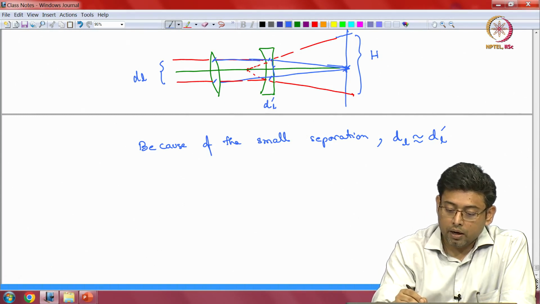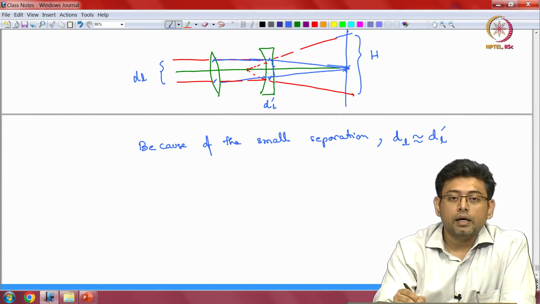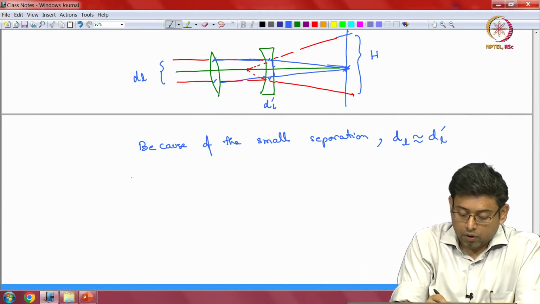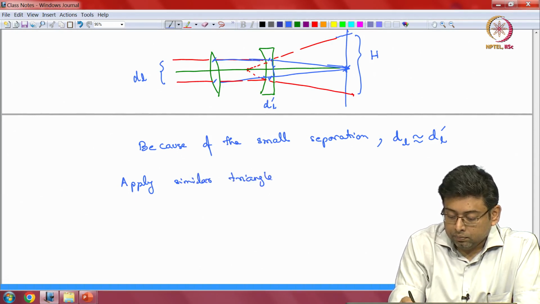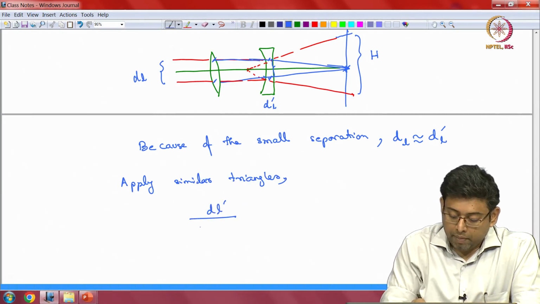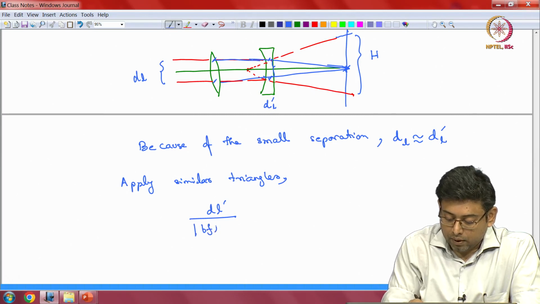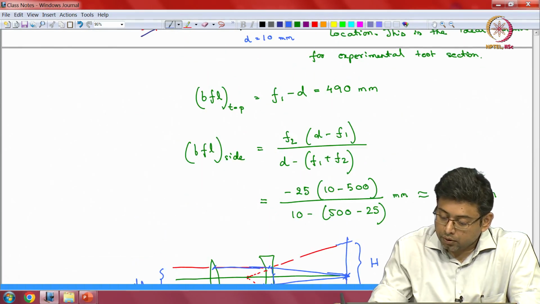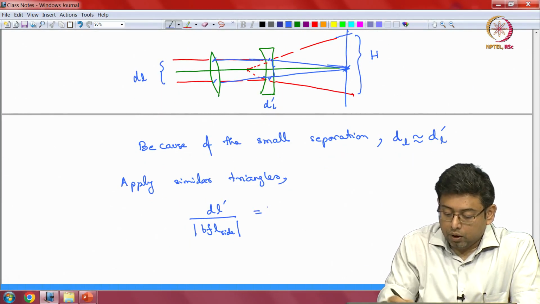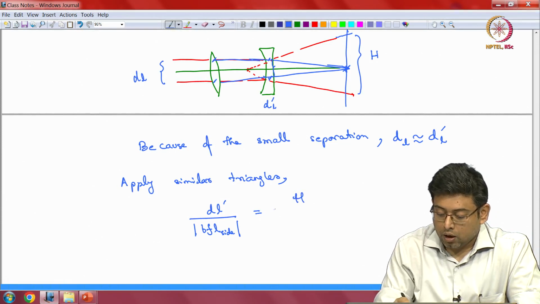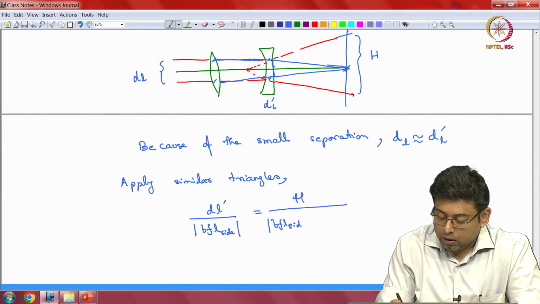So here one triangle is this small triangle right here, and so apply similar triangles, and then you have dl dash by the back focal plane BFL, BFL side, is equal to h by the absolute values of BFL's side.